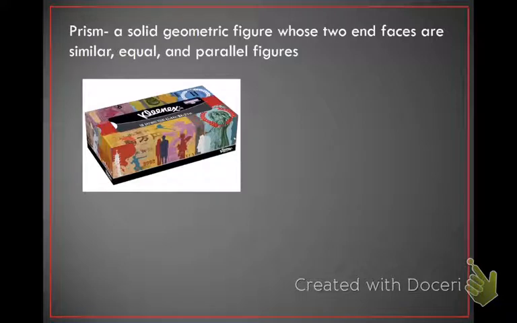We have a Kleenex box right here. So there are 2 bases, and the 2 bases look like this. They're rectangles. And the height, even though it's sitting like this, the height is the distance between the 2 bases. So between my fingers, that's the height. Does that make sense? Height is not always going to be up and down. It's just the distance between the 2 bases.